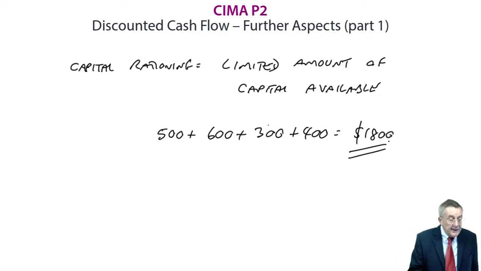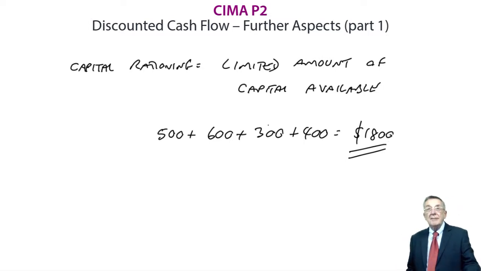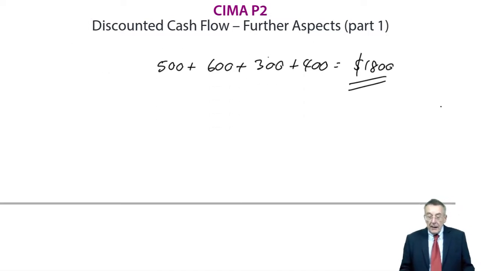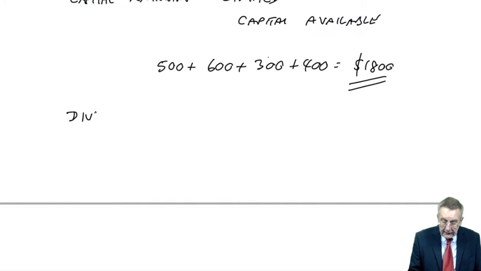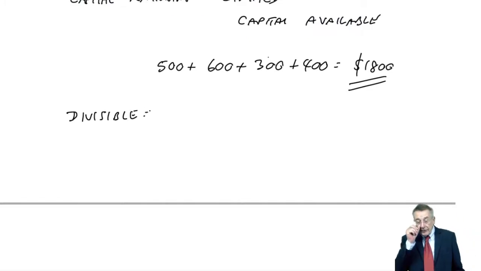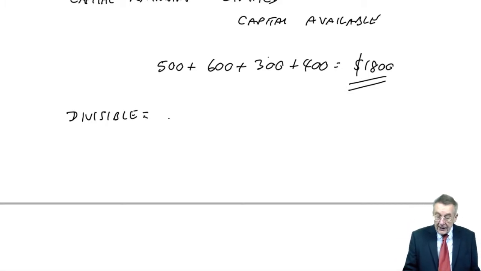The other bit about part B, though, it says the projects are divisible. Now, what that means is, and it may be a bit unrealistic in real life, but divisible means, firstly, we can do fractions of a project.